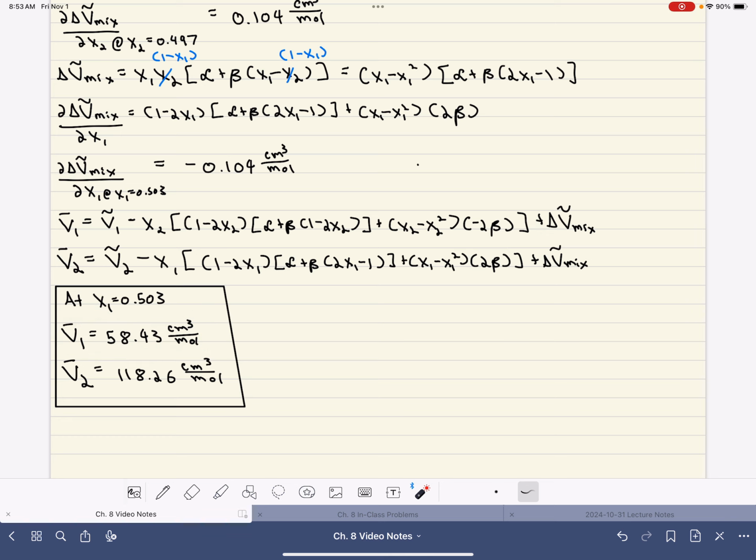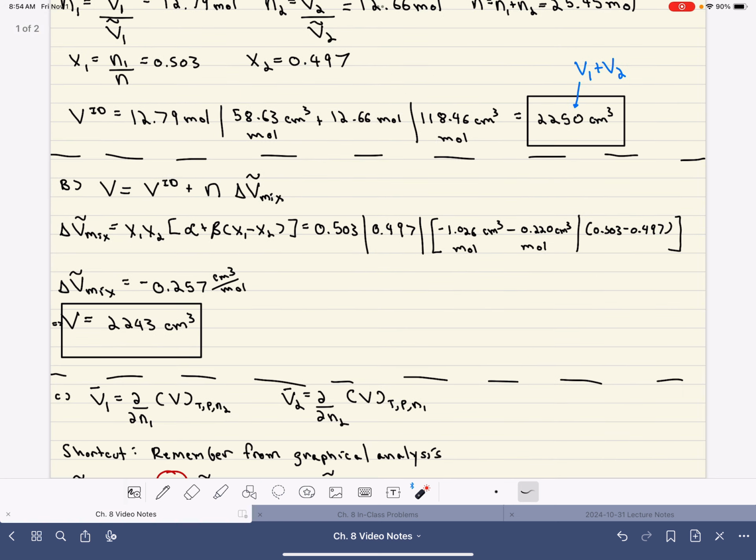And what we could do is compare these values to the values of the pure molar volumes of the pure species, all right? So let me write those here again. And we see in both cases the partial molar volumes are less than the molar volumes of the pure species. And so consequently, that explains why the total volume of the mixture is smaller than the molar volume of the ideal solution. Okay?